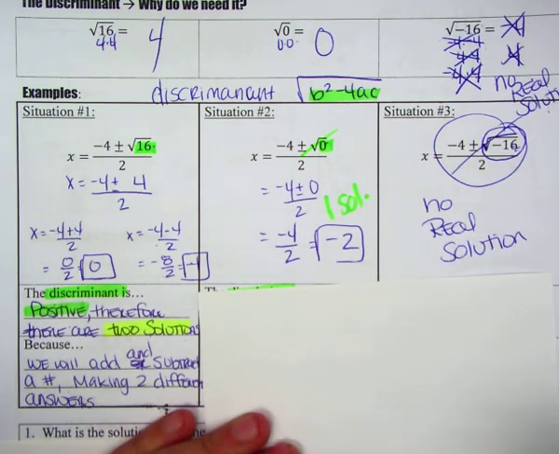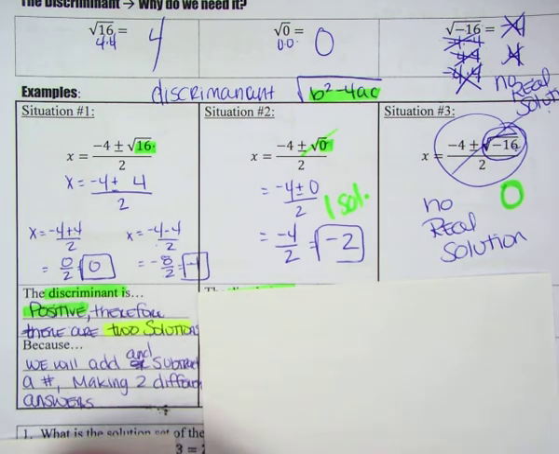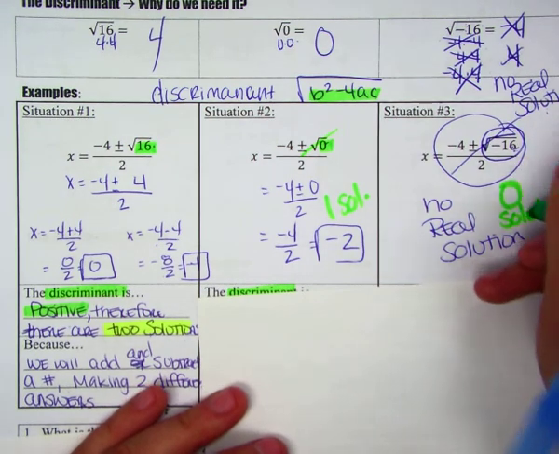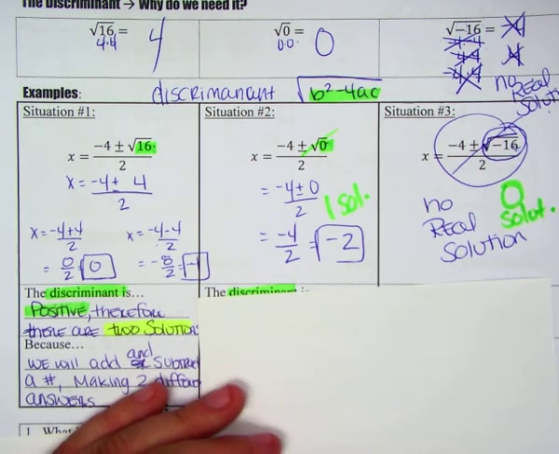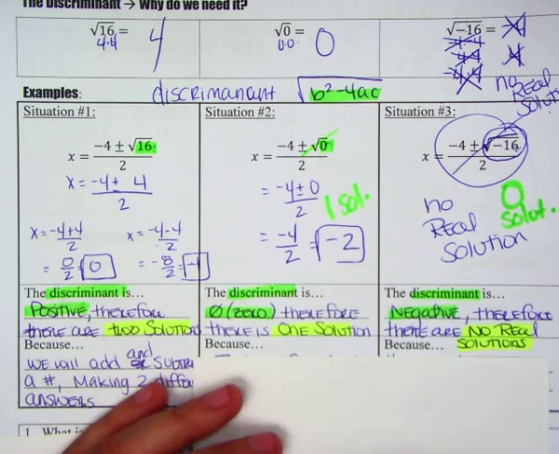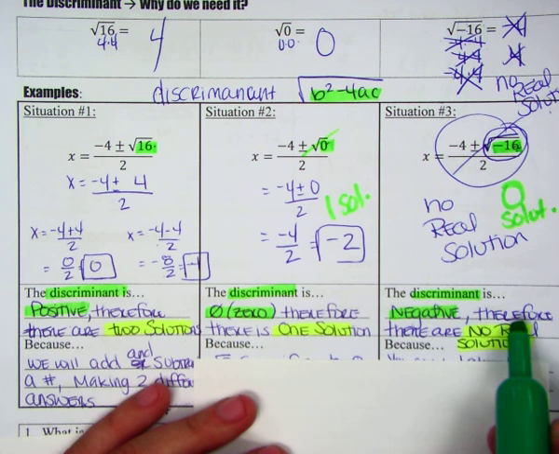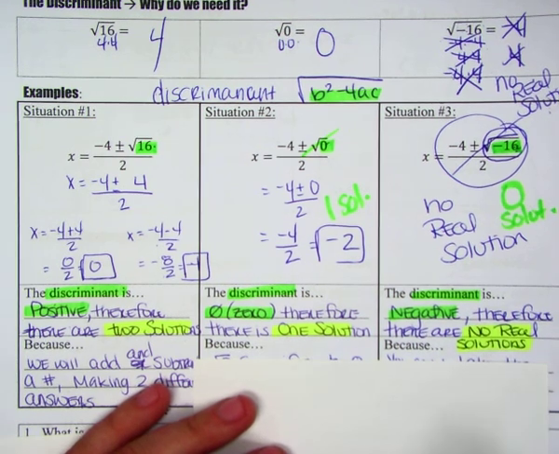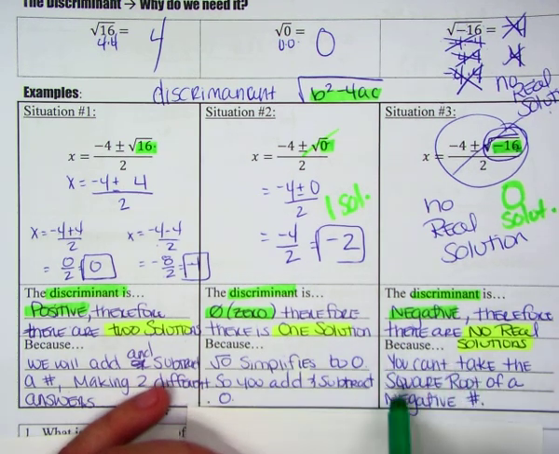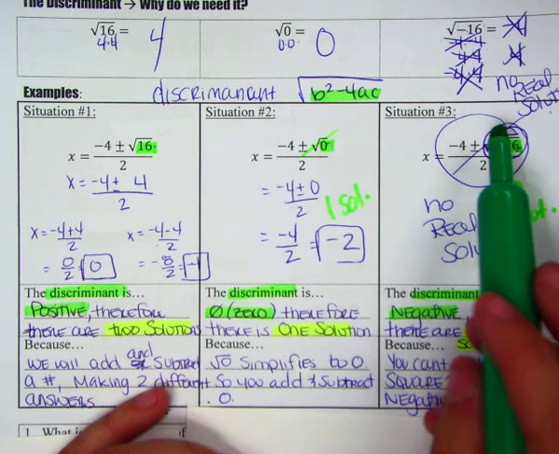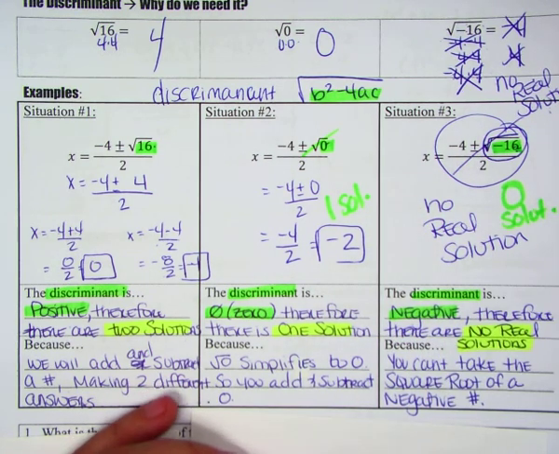There are going to be 0 solutions to that quadratic. So if the discriminant is negative, there are no real solutions, because you can't take the square root of a negative number, so this thing just doesn't exist in the real number system.